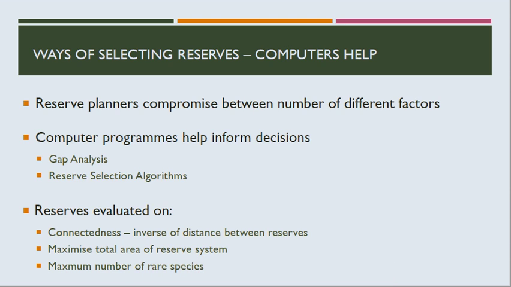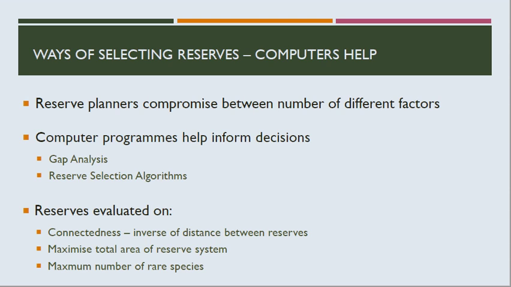You would need to establish smaller reserves to take into account that habitat and try and connect those to the reserve network or to one another, so that that species is catered for in the reserve network.